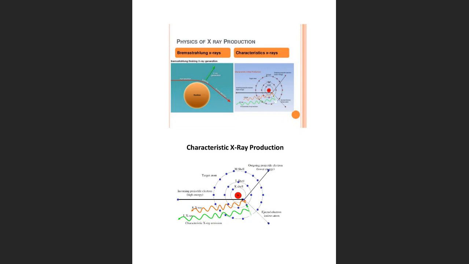So characteristic, we know, is based on the energy of the projectile electron. We will not have any characteristic if we don't have a projectile electron that has the same or slightly higher energy than the binding energy of the target atom.